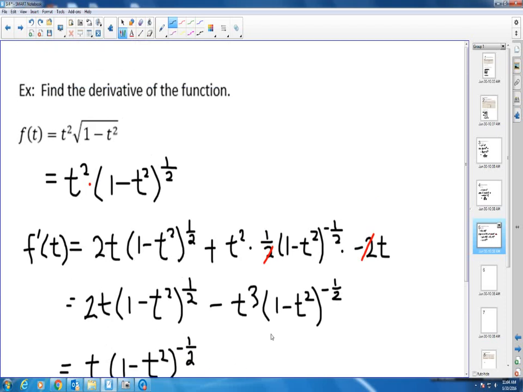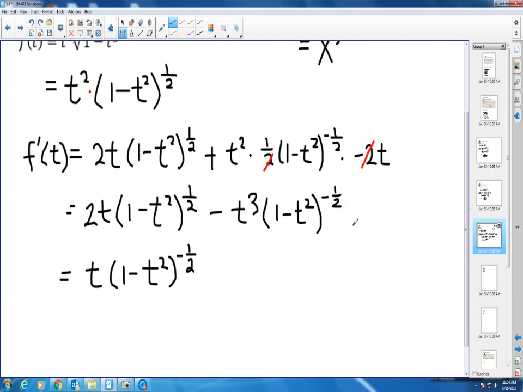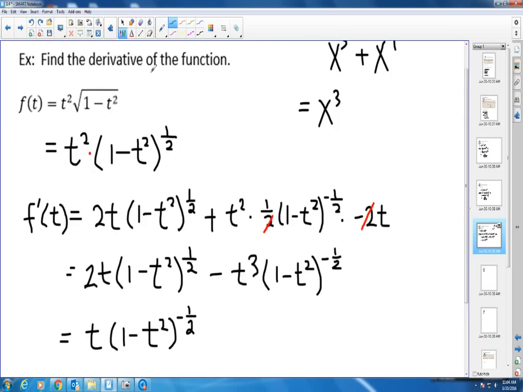Because if you remember earlier, when I have x to the third plus x to the fourth, my greatest common factor was x to the third, because when we factor out the greatest common factor for the exponents, we always choose the smallest one. So negative half power is smaller than the positive half. That's why I factor out the negative half power.